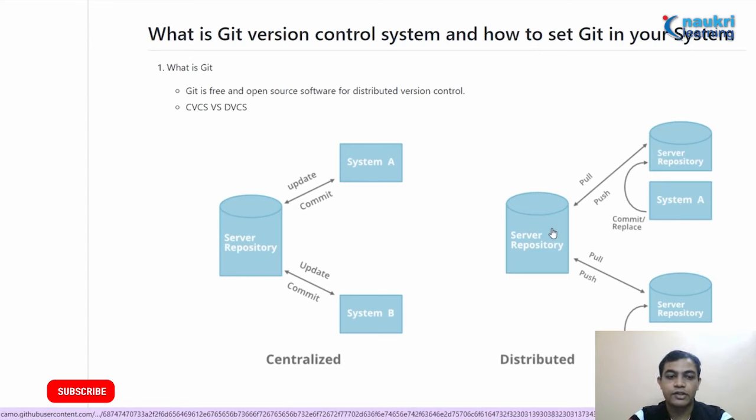So the main difference is that previously we had only one server which was tracking all the histories and was responsible for keeping track of them. But now, each user who is trying to make any change has the history and the entire snapshot of the code that they are working on, along with all the changes and all the branches that have ever been pushed to the final repository.